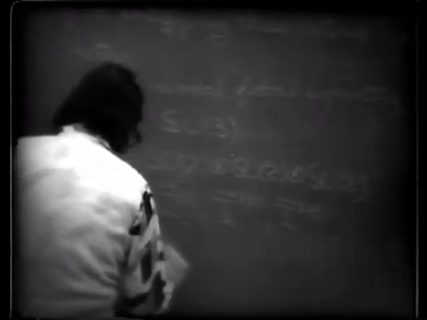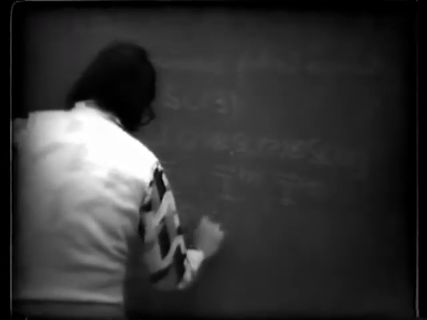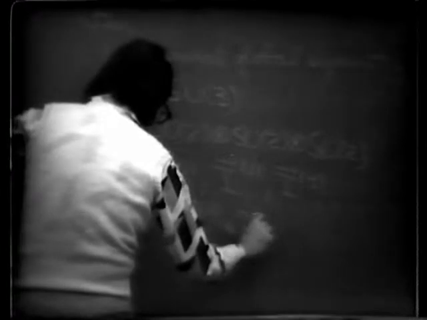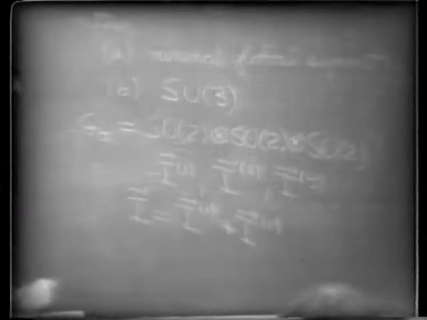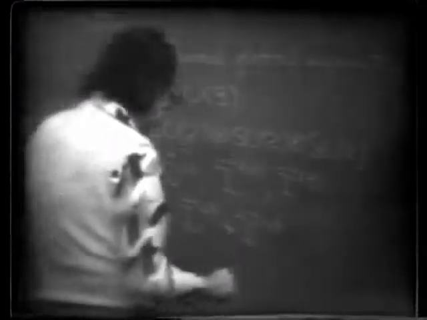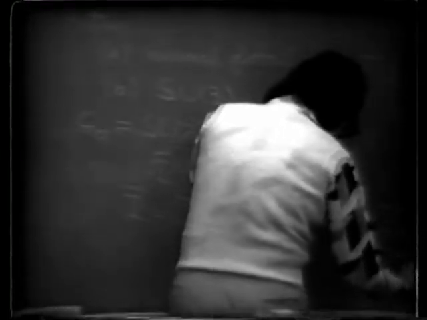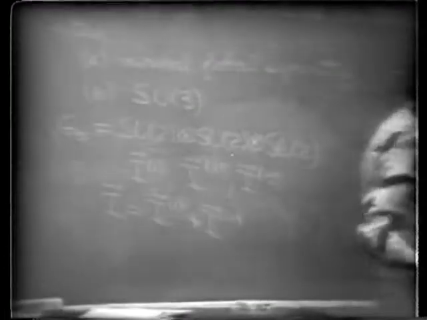I is simultaneous I1. Isospin is simultaneous rotations in the 1, 2 isospin spaces, and Y is 2 times the Z component of I3. These commute and obviously obey the SU2 cross U1 algebra.